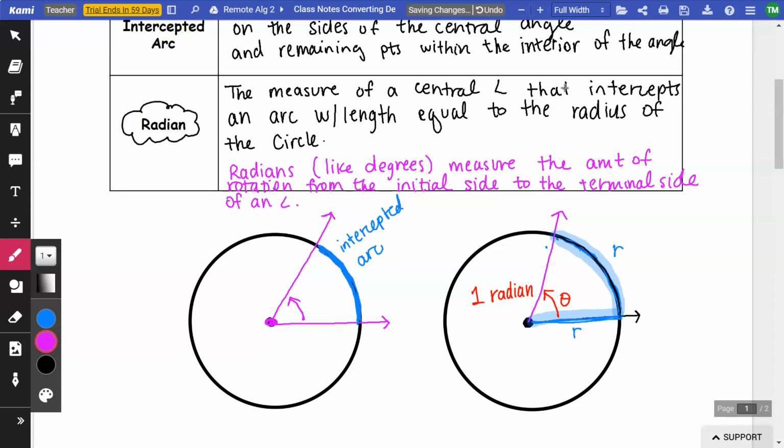So that's what a radian is. It's just another measure of an angle. Instead of in degrees, it's in radians.